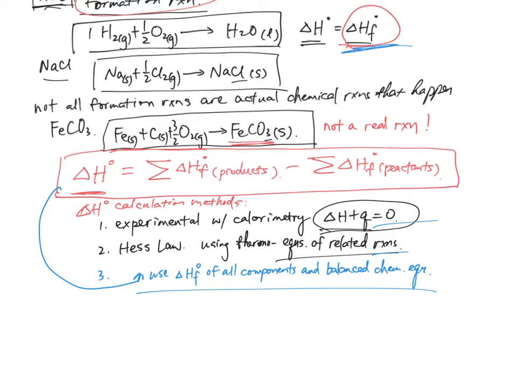All right, so before you use it to do any calculation, though, let's clear up a few things. All the chemical compounds have a delta HF value. What about these free elements in their standard state that you use for these equations? Let's clear it up.